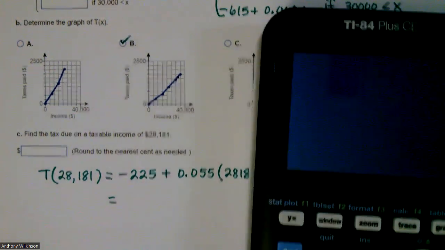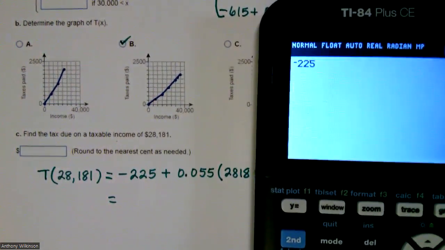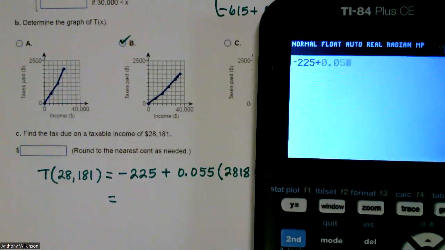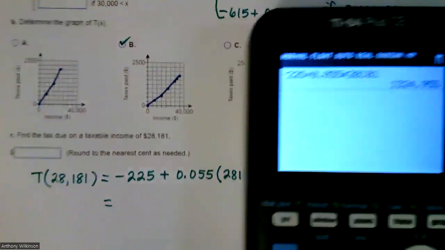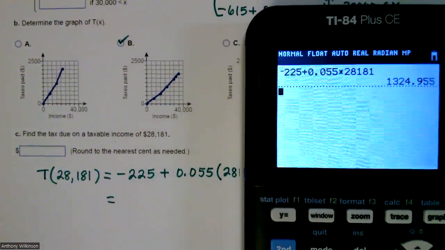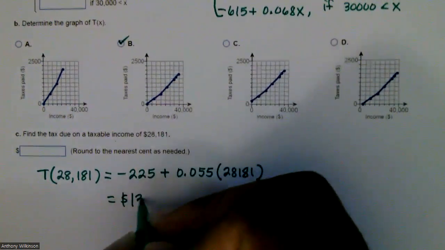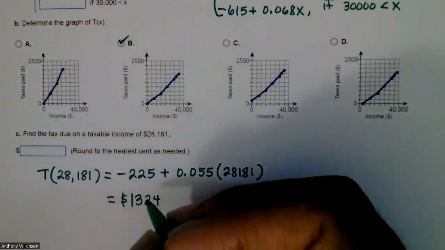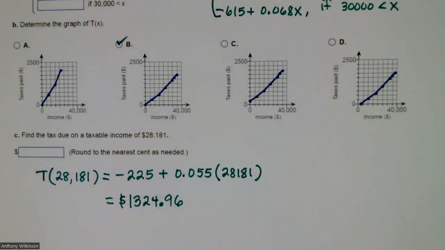And if we type this into our calculator for our final answer, negative 225 plus 0.055 times 28,181, that would give us, to two decimal places, $1,324.96. So this will represent the tax due on taxable income of $28,181.